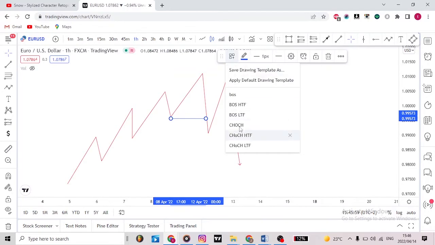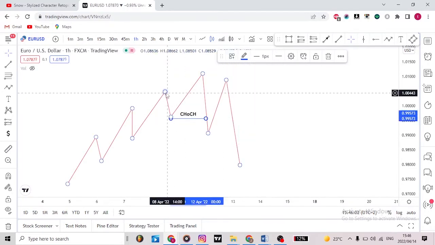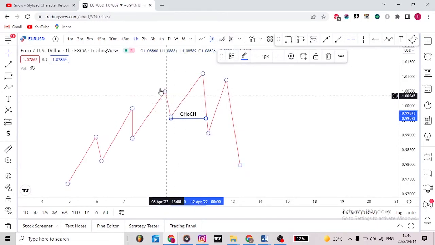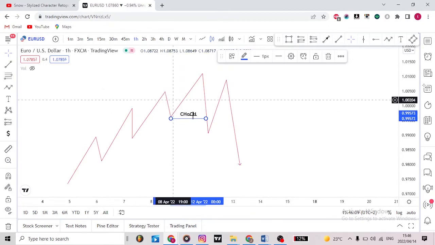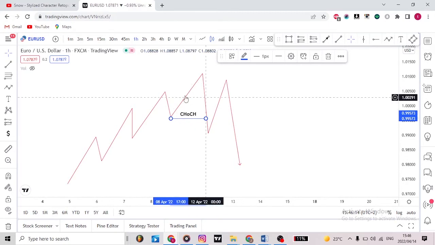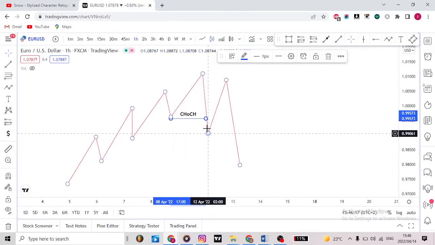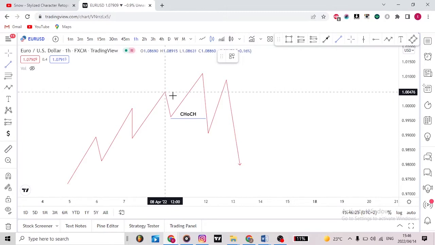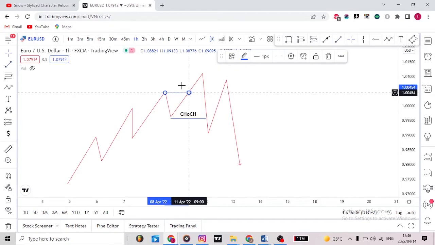There are some people who prefer to also mark this part here as the change of character, because they say when a change of character is composed of two structures, the structure that was taken out before showing the continuation of a trend, and the structure that was taken out after to show that we had a change of character. But I prefer to only use this part, because to me this is still a break of structure, because we took out the previous high to form a higher high.